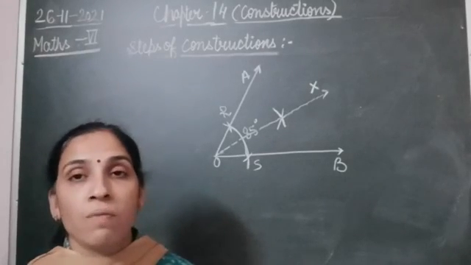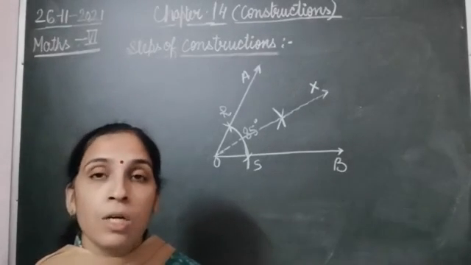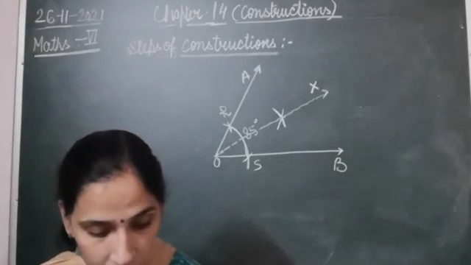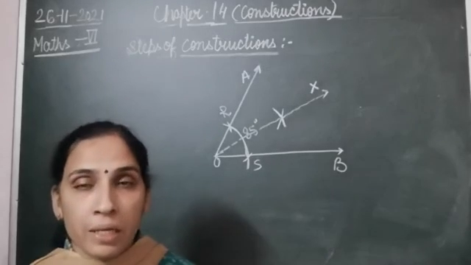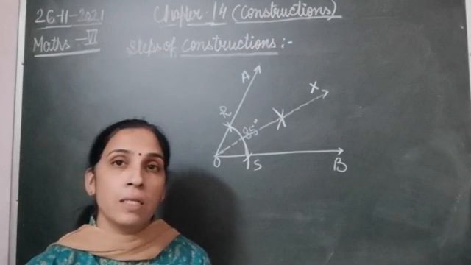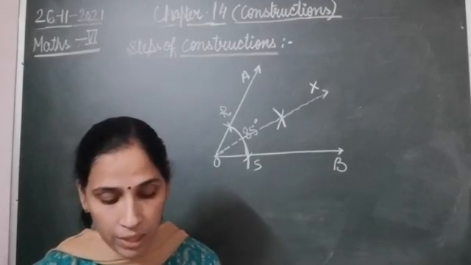For example, if you have been given angle AOB, how you can draw a similar angle which is the same as the adjoining figure. You will practice these many questions, and we will come to our next topic in our next class.